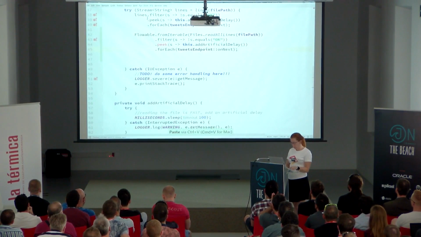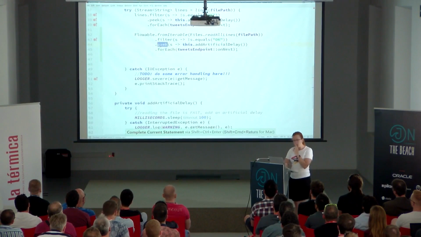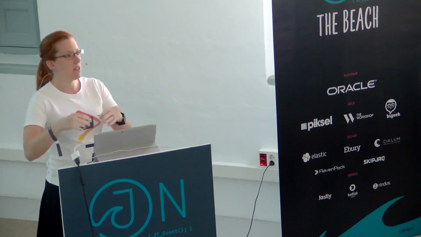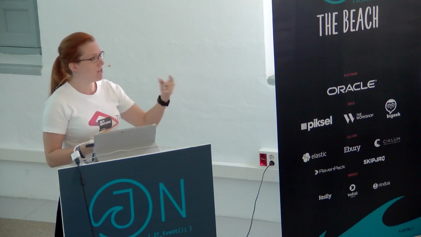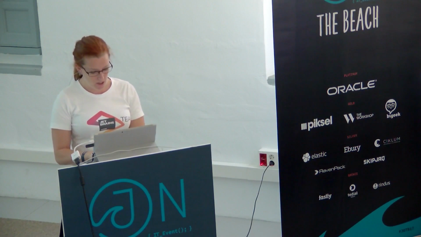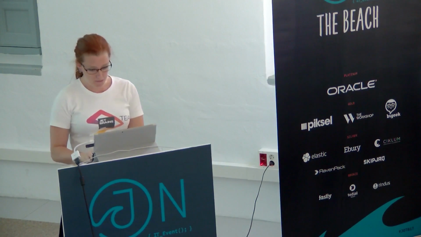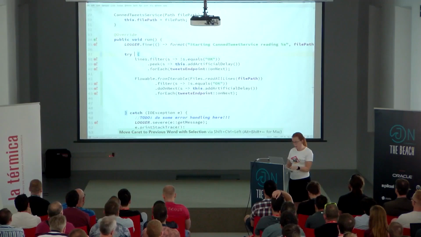There's one subtlety. There's no such thing as peek. Peek in Java 8 allows you to do an operation on every single item that comes through the stream. Instead in RxJava, I just say doOnNext. So that looks almost exactly the same as my Java 8 version.